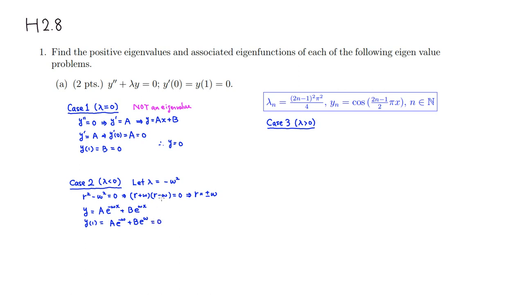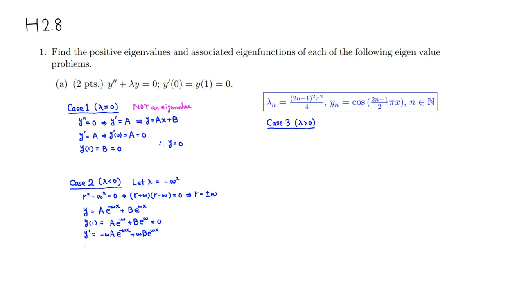Then we take the derivative: y prime is negative omega a e to the negative omega x plus omega b e to the omega x.